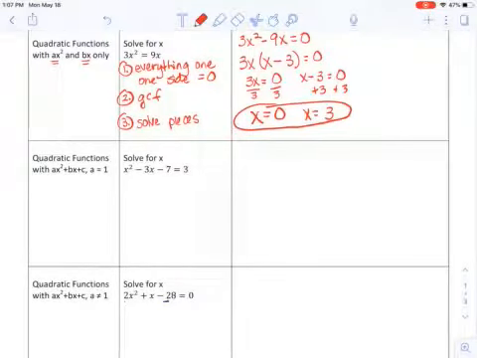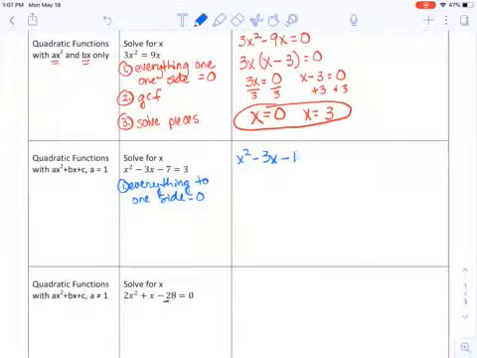Okay, so again, if you have an x squared and an x, you want to get everything to one side. We're going to start same thing on here. And let me switch colors. Okay, so the problem I'm really doing here is x squared minus 3x minus 10 equals 0. And how did I get the minus 10?